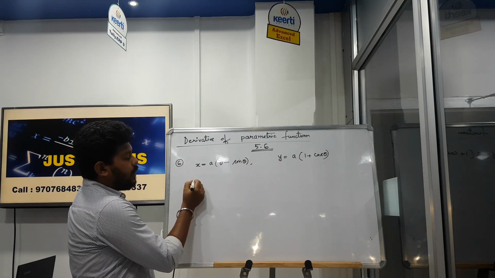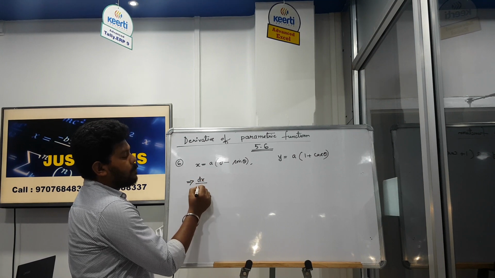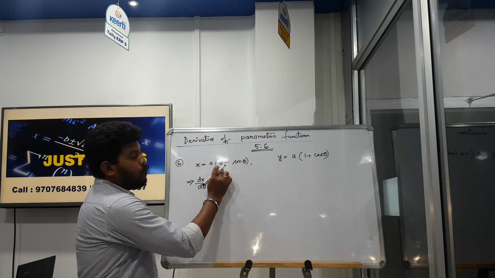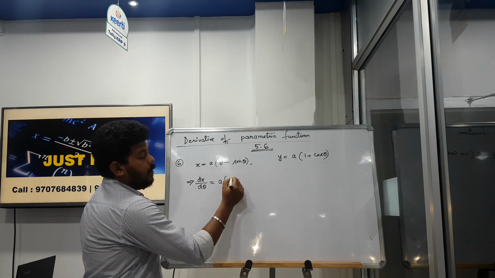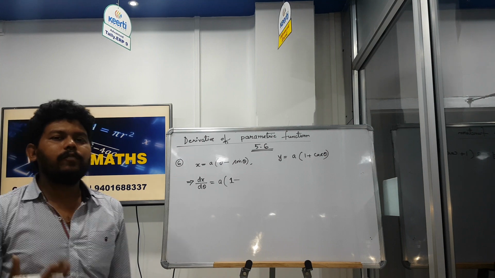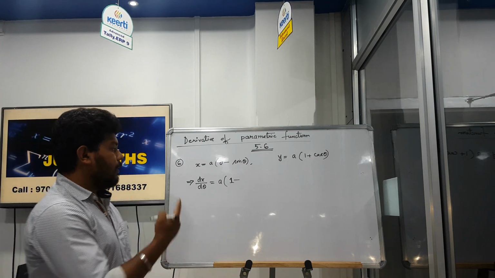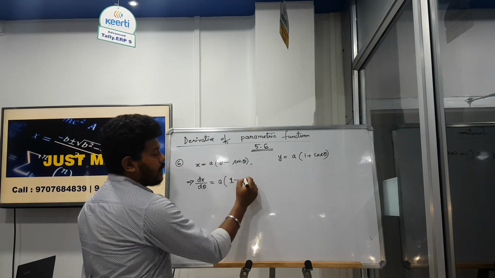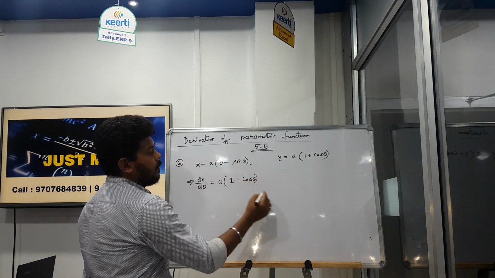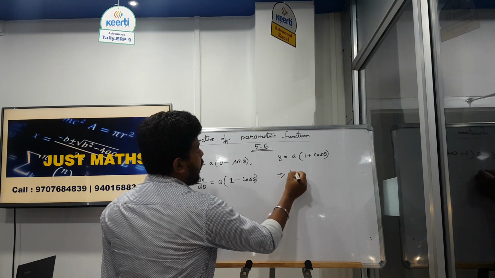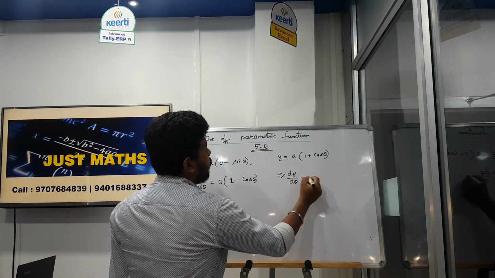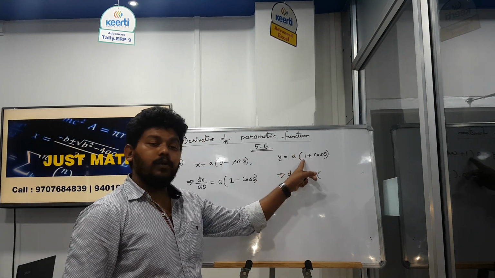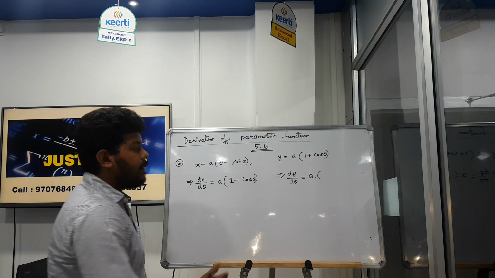Now we will differentiate x with respect to theta. dx by d theta, a is a constant. For theta it is 1, like d by dx of x is 1. Similarly, d by d theta of theta is equal to 1. And for sin theta it is cos theta. Again for dy by d theta you will get small a multiplied by, for 1 the derivative is 0, and for cos it is minus sin theta.